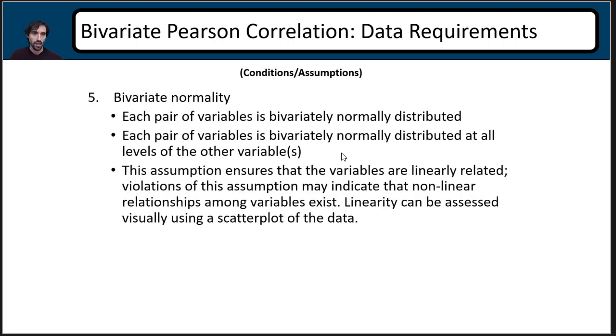Our 5th assumption or condition is that for each pair of the variables, there should be some normality. That means that they make a nice bell curve for both of the variables. That has been common throughout basically our entire practice, except for something like a chi-square.